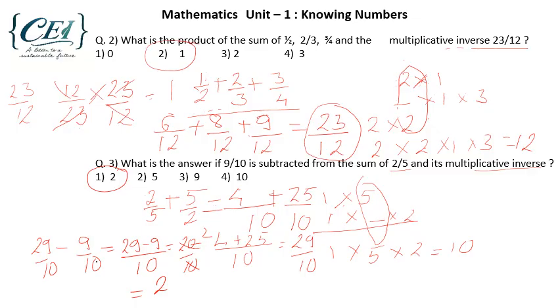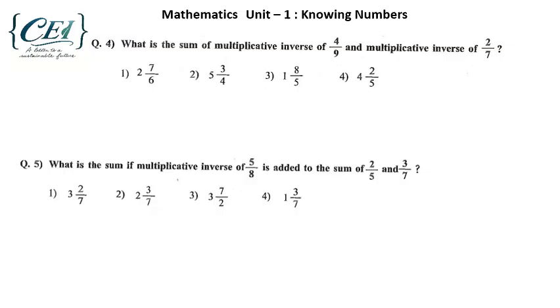Correct? Next, let's solve the next one. What is the sum of the multiplicative inverse of 4 upon 9 and the multiplicative inverse of 2 upon 7? The multiplicative inverse of 4 upon 9 is 9 upon 4, correct?